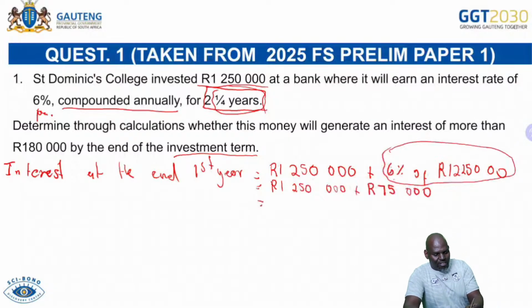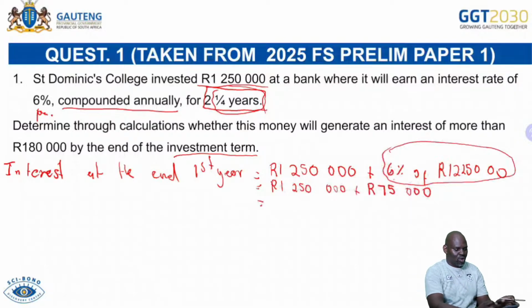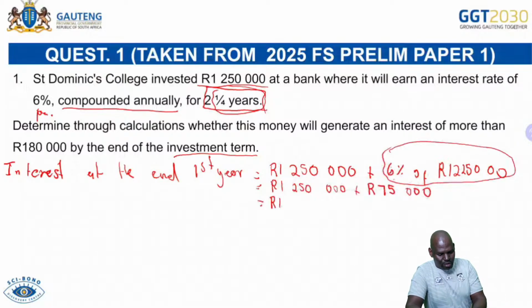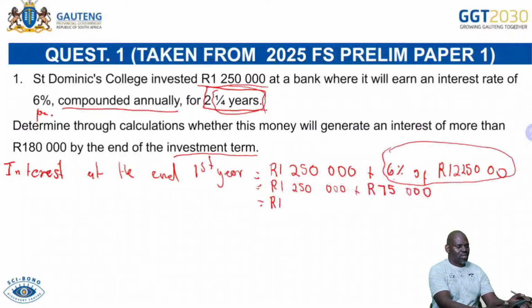So at the end of the first year, if I add these two values together, I say 1,250,000 plus 75,000. I take that 75,000 plus 1,250,000, and I get 1,325,000.